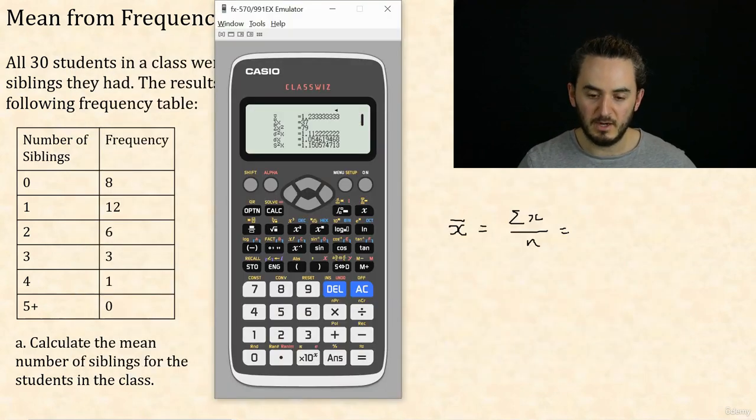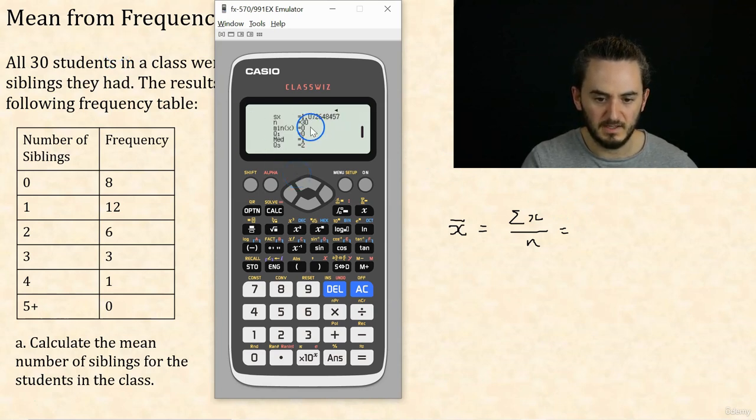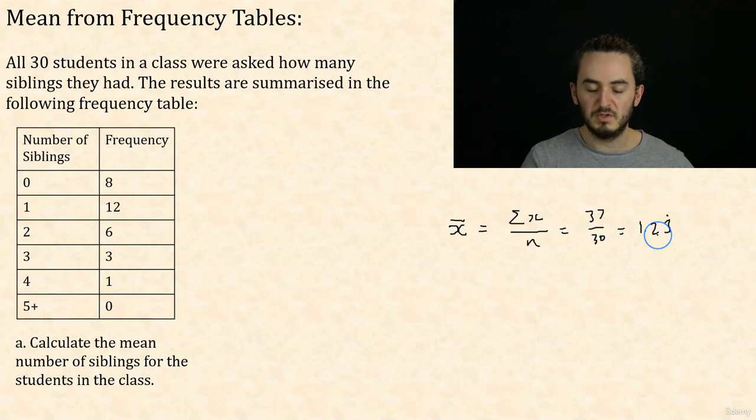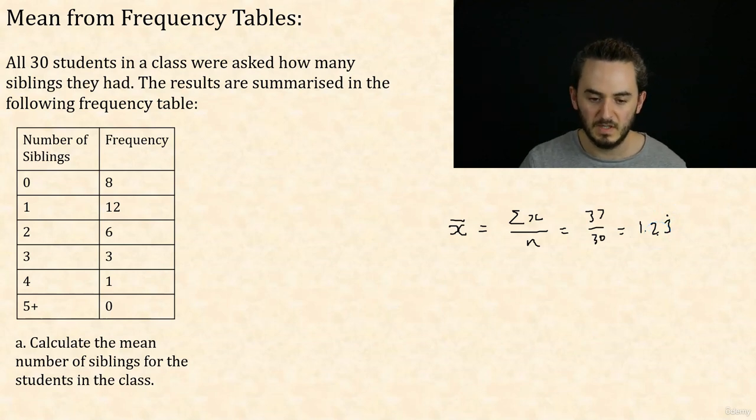So if you go back to your calculator, you need to sub in that it's 37 and the number of terms you know was 30. In fact, I think they do actually tell you that here in case you couldn't add up. There's 30 there. So 37 and 30. And then your answer, 1.23 recurring, or 1.23 if you're rounding.